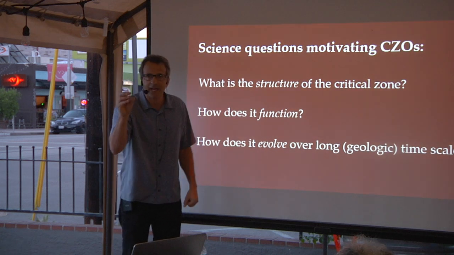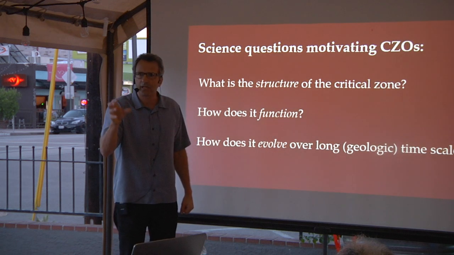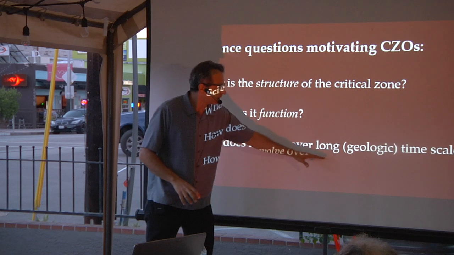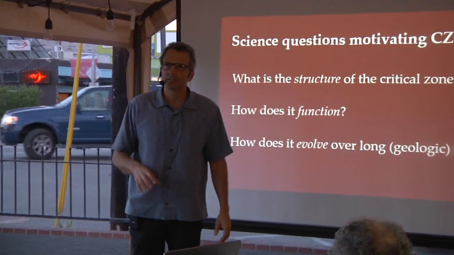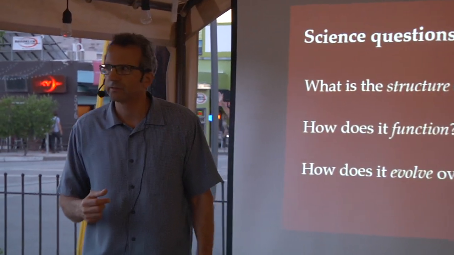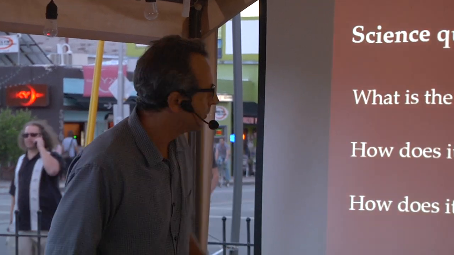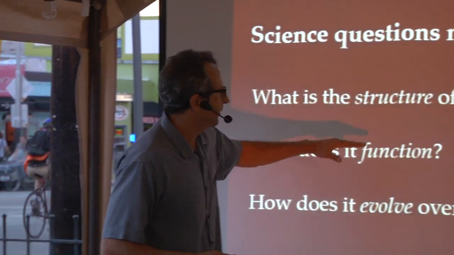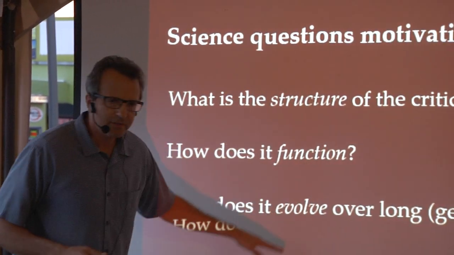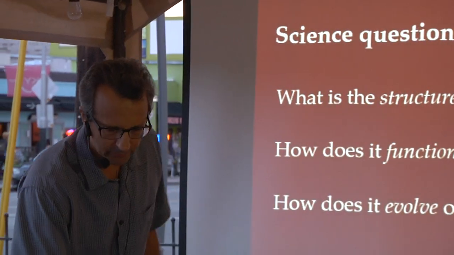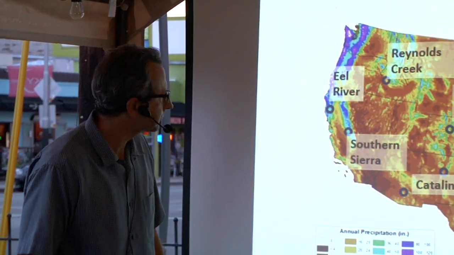So it's really just a snapshot in the overall time of the evolution of the critical zone. So we tend to utilize models and modeling approaches to figure out how the relationships between function and structure teach us about the evolution of the critical zone over long time scales.